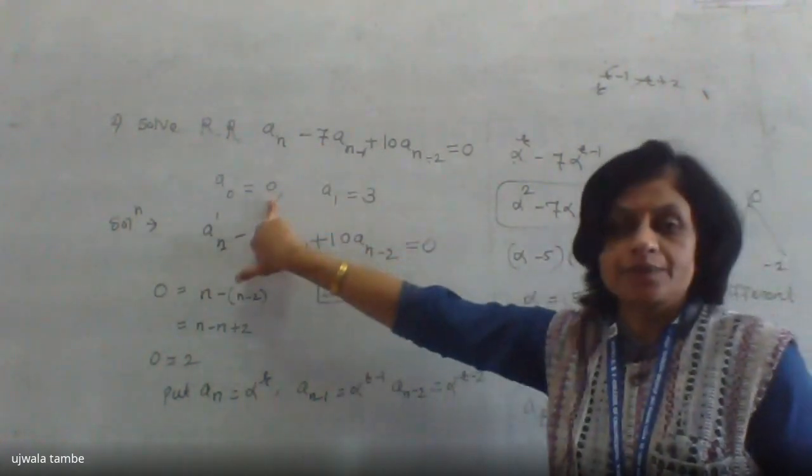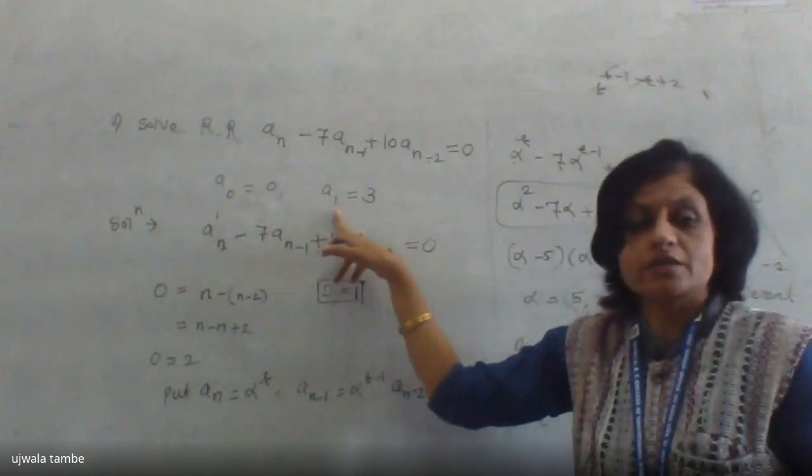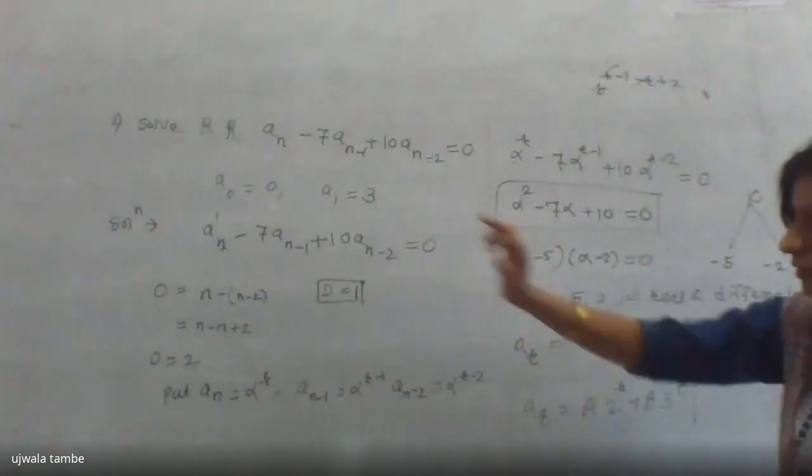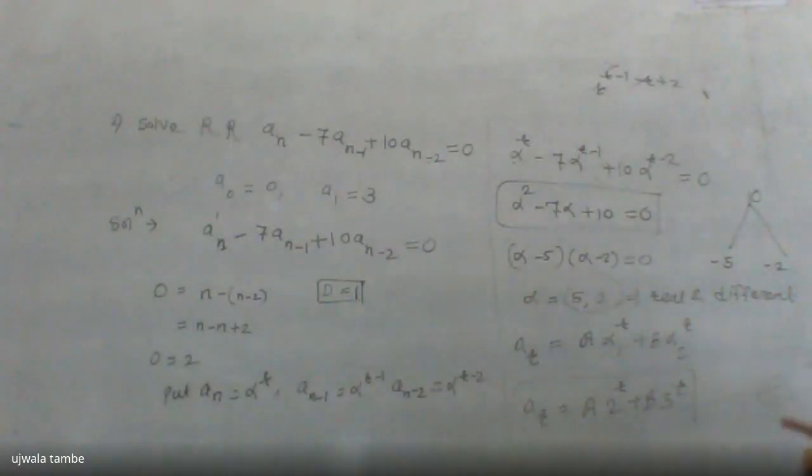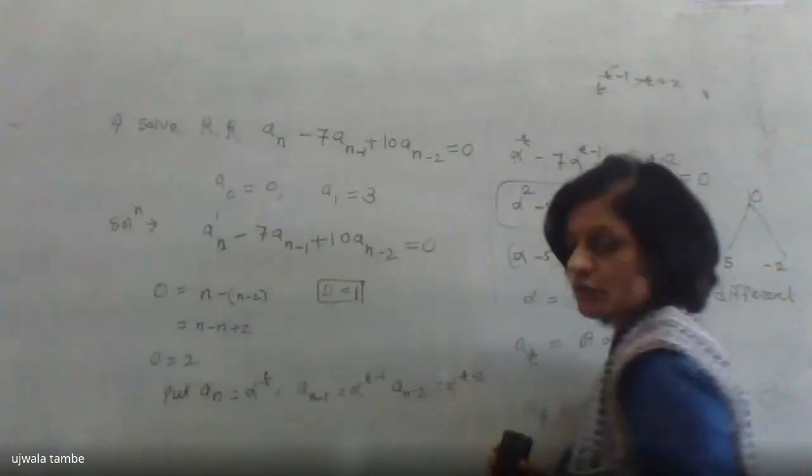Initial conditions are a_0 is 0 and a_1 is equal to 3. First put a_0 equal to 0 in equation 1, which means first put r equal to 0.